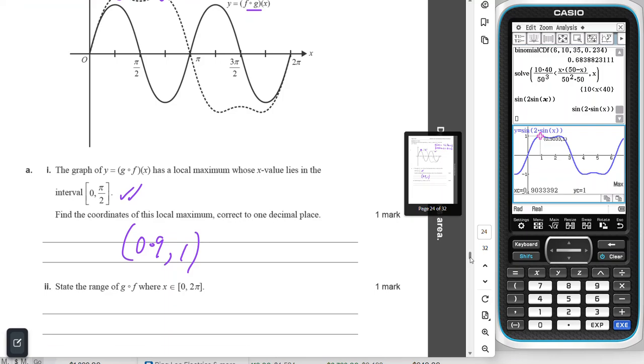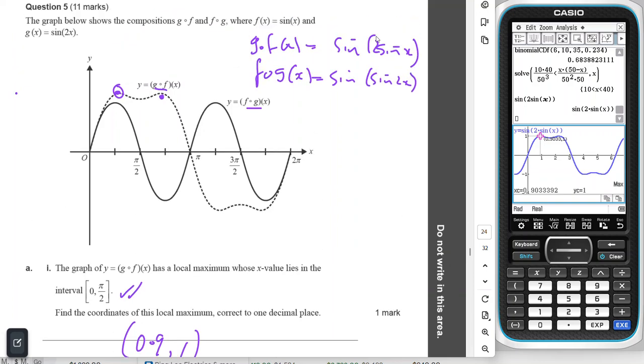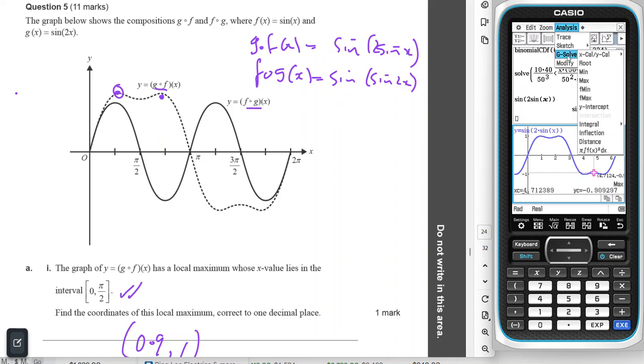What's the range of g∘f? So the maximum is 1, and since it is the sine, the maximum will be plus or minus 1. So just double check that. That maximum is also 1, and there's that maximum, but I'm not interested in that maximum. The minimum is going to be -1.